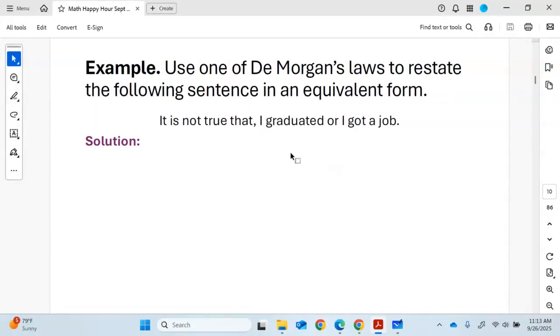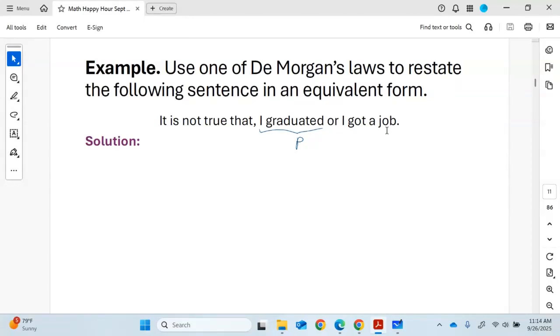Something to remember is that whenever you have a comma, it helps us identify grouped statements. Since I have a comma, the two statements, I graduated and I got a job, should be in parentheses. So I'm going to start by writing all of these in symbols.